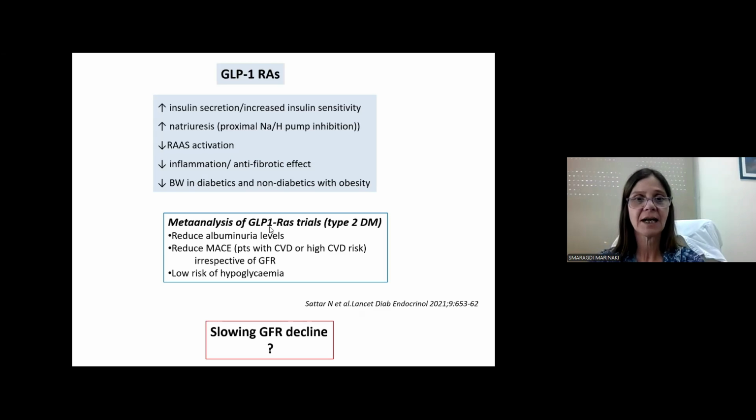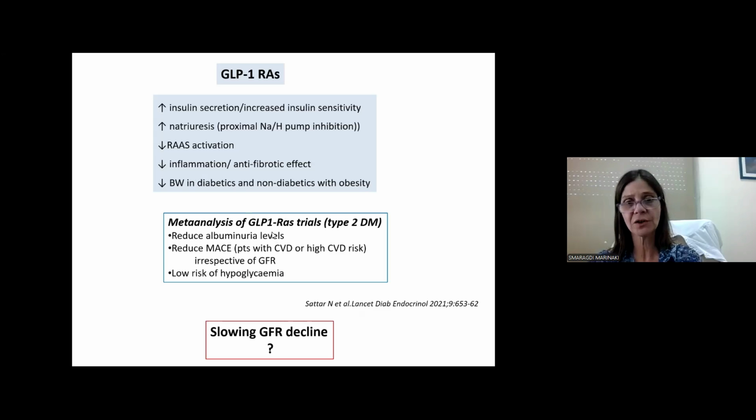A meta-analysis of GLP-1 trials in type 2 diabetic patients showed that they reduce albuminuria levels, they reduce MACEs irrespective of GFR, and all this with a low risk of hypoglycemia.